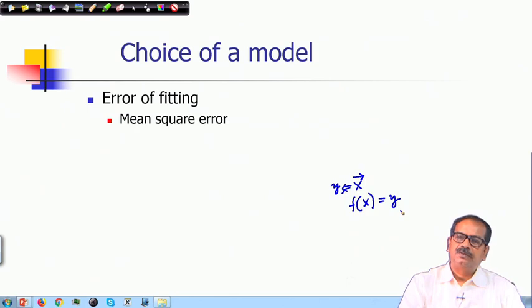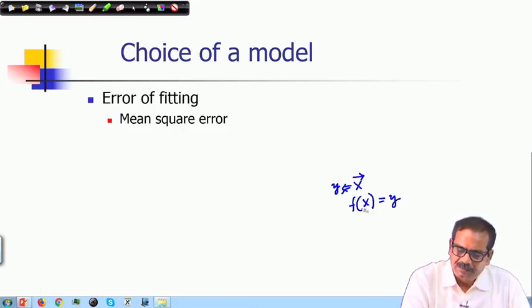Suppose you know the form of these functions and apply different techniques to derive this function. Now, when you actually apply a model, the value you get is the model predicted value, and this is the observed value. This is the observed data.